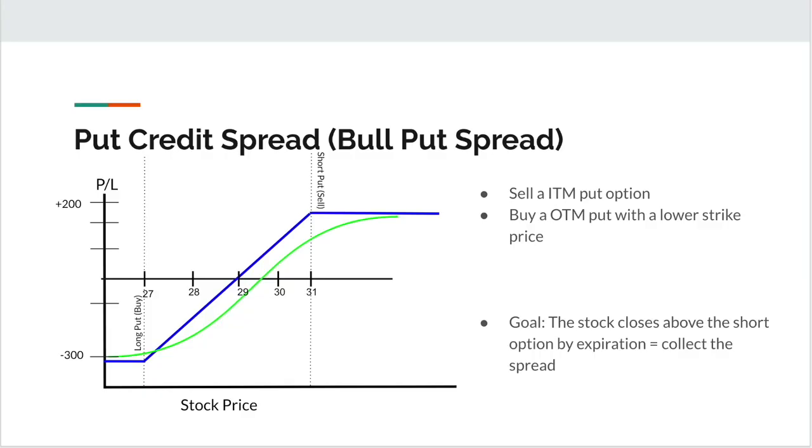You don't want them to actually make use of their option. You want their option to expire worthless. That way you collect the full credit only if the stock closes above that in the money put option strike price. And that'll make a little bit more sense as we jump into an example.